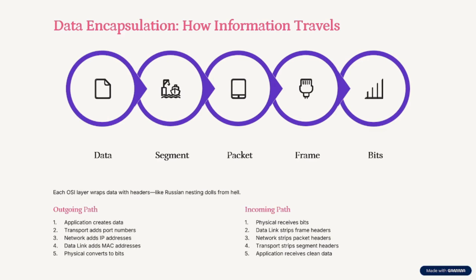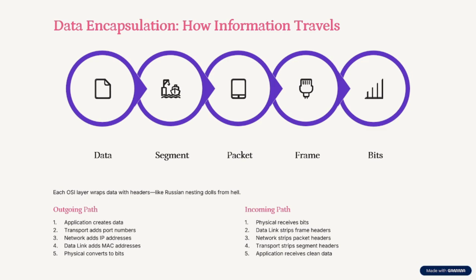Now let us understand data encapsulation, or how information travels. Data transmission follows a structured encapsulation process. Each OSI layer adds its own header. The hierarchy is: application data, transport segment, network packet, data link frame, physical bits.